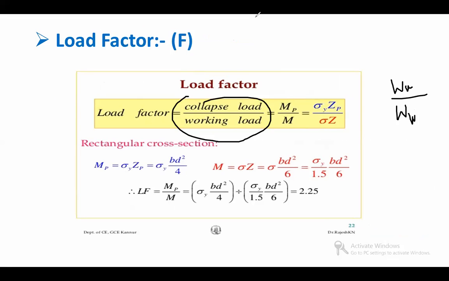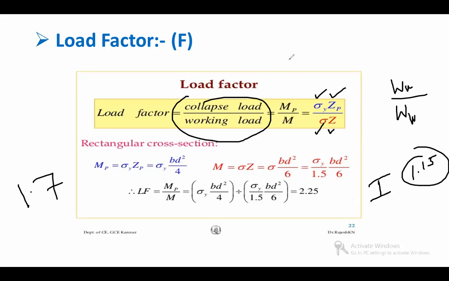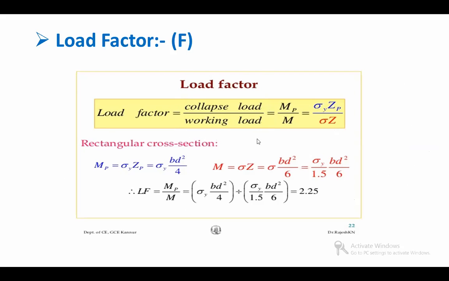So MP is sigma Y or Fy into ZP divided by sigma into Z, taking the I section. Suppose taking 1.15 as the shape factor for I section, that is for beam, by simplifying you get 1.7, that is the load factor.